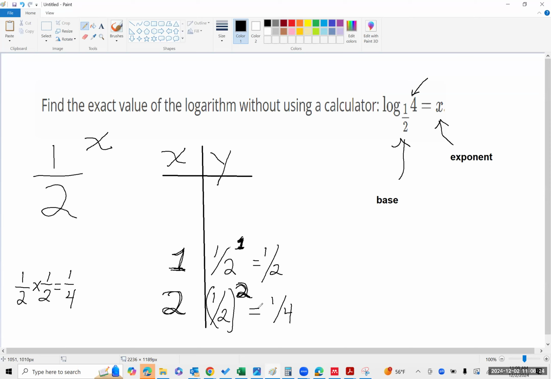Okay. Now I'm going to try to squeeze in one more. And it's going to be 1/2 to the 3rd power, which is 1/2 times 1/2 times 1/2, which is 1/8.